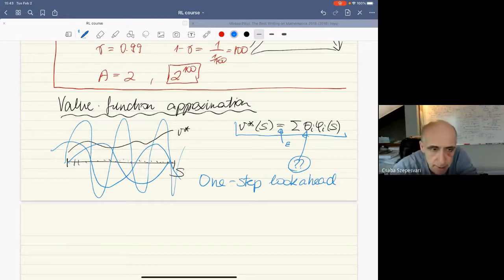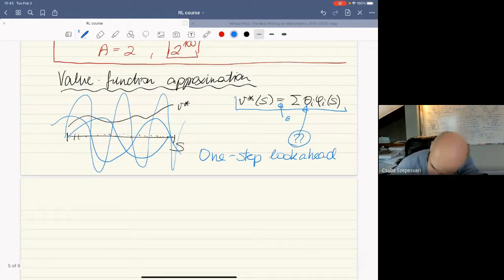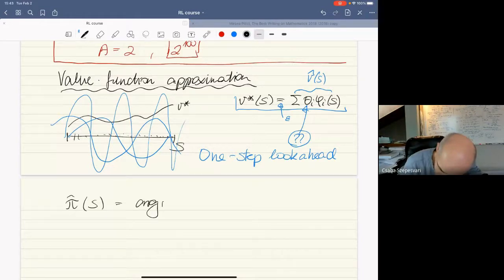You get a pretty good, highly accurate approximation to the optimal value function. Let's call this the V hat. Once you have the V hat, then what is my policy? Well, my policy should be choosing just this, one step look ahead.